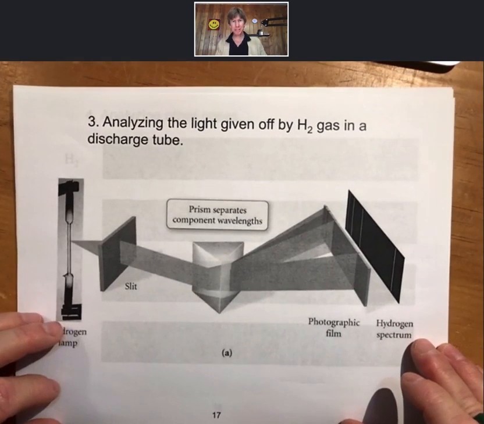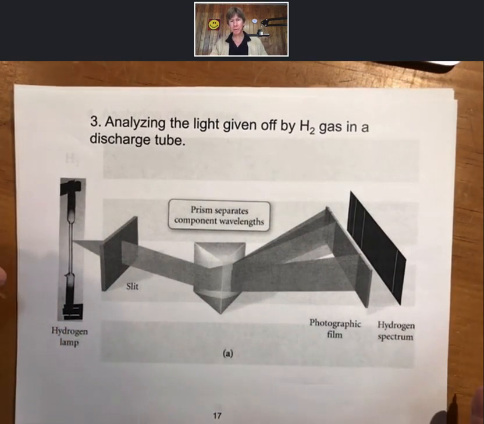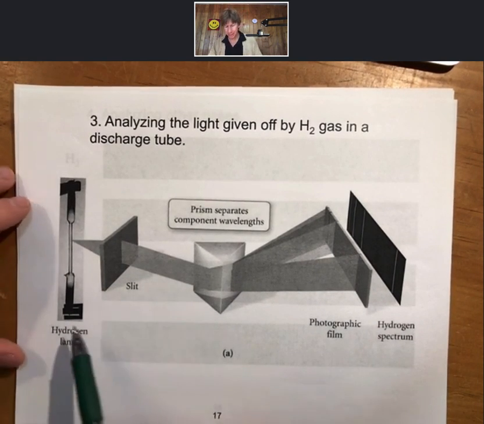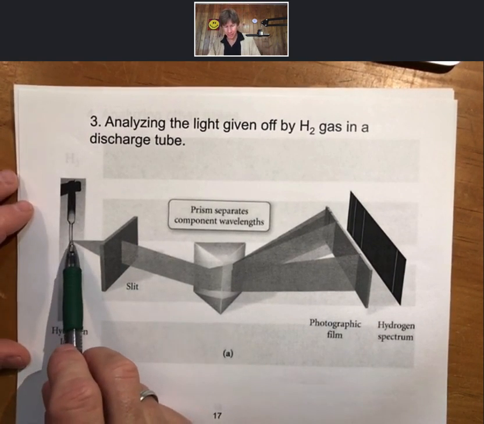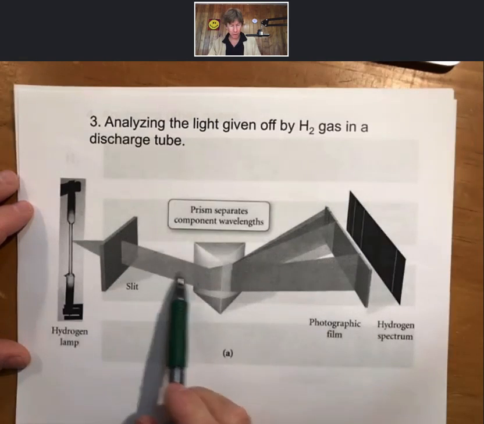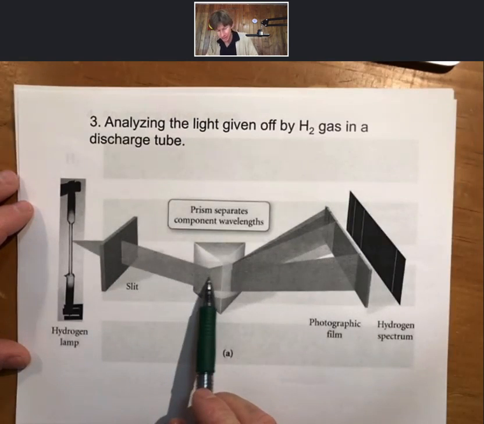Now we're going to focus specifically on hydrogen, and when we do that, we're going to take a gas discharge tube and give it energy. Then that gas discharge tube, the hydrogen will emit light. We will pass it through a slit to get a thin beam.